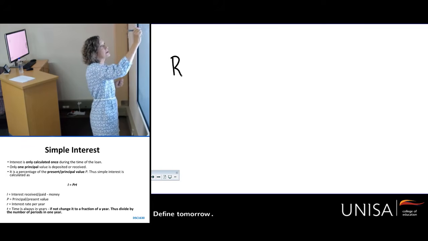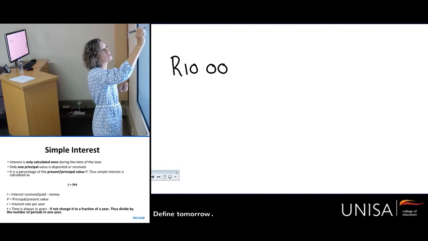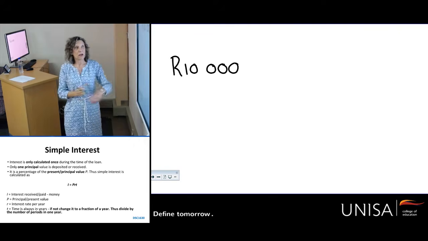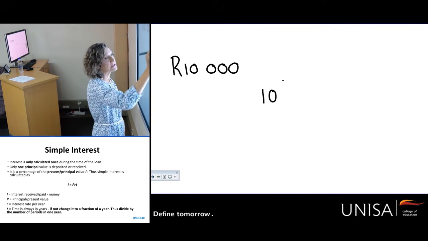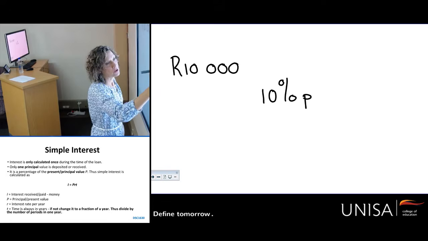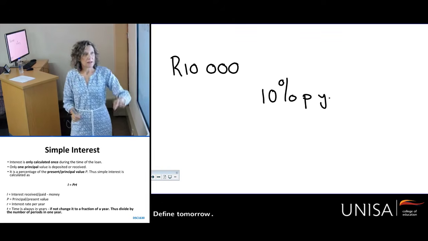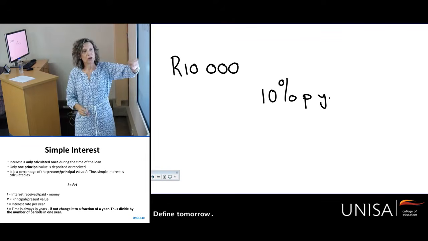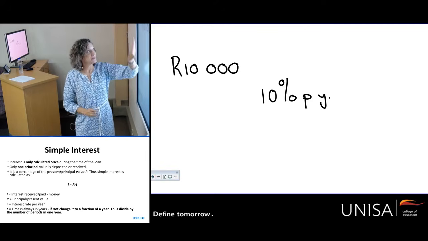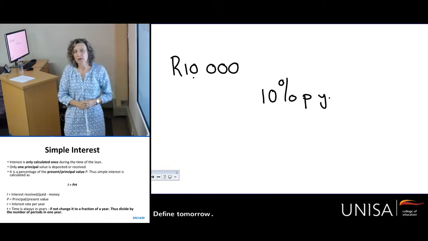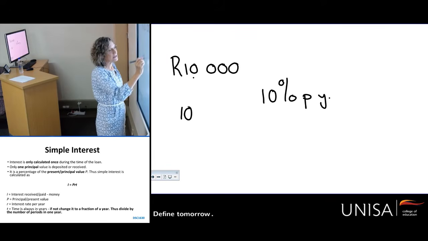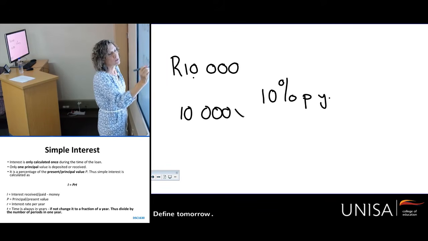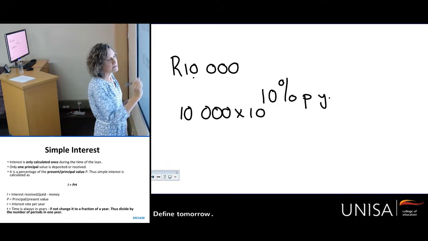Let's say you ask the bank for 10,000 Rand, and they say, okay, you can get it, but your interest rate is 10% per year. That means in 1 year, you will pay 10% of the 10,000 Rand for interest. So we would take the 10,000 Rand and multiply it by 10%.